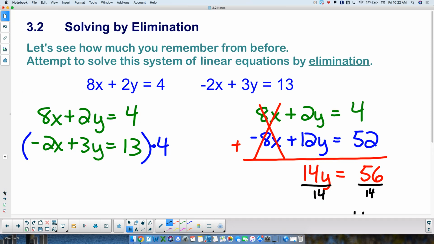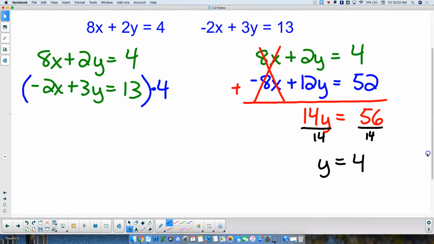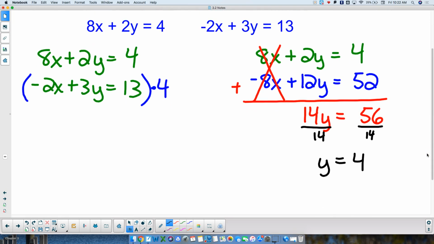So in this case, we're going to plug in y equals 4 into one of my two original equations. Left or right? Left. Okay. So then that would be 8x plus 2 times 4 equals 4. 2 times 4 is 8.